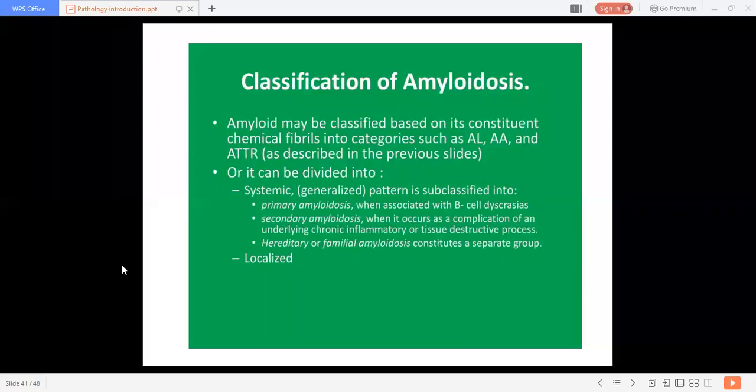This type gets divided into two: familial Mediterranean fever and hereditary polyneuropathic amyloidosis. These two parts are included in this fourth one. Is there any query?